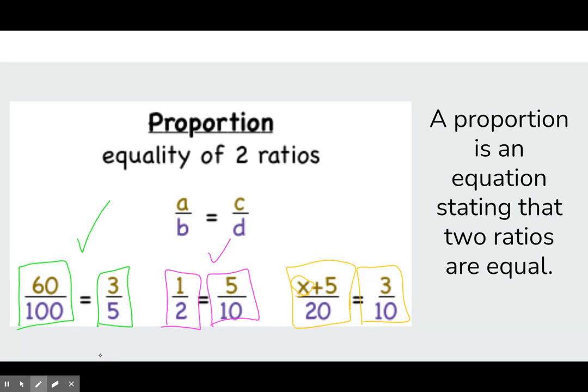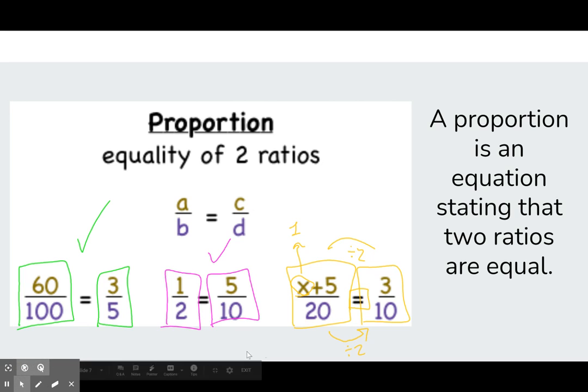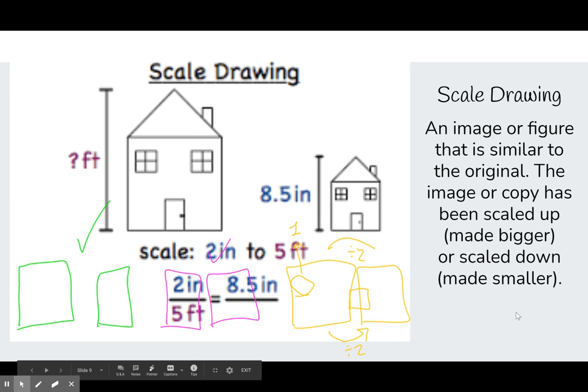If these are equivalent, because we see the equal sign, then we can figure, okay, here we had to divide 20 by 2 to get to 10, so we'd have to divide this top number by 2 as well. So this would have to be 6. Therefore, x would equal 1. 1 plus 5 equals 6. All right, so that's like how you could solve there.